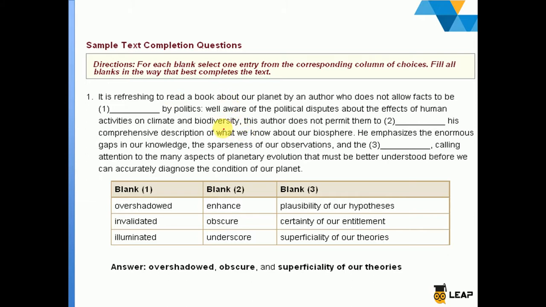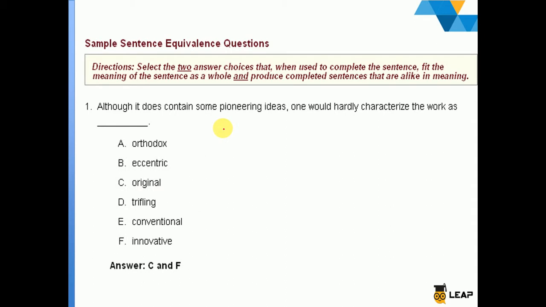Alright? But in a sentence equivalence, typically, you will be given only 1 sentence. Now whether that sentence spans 1 line or 2 lines or more is really up to the text and the difficulty level. Alright? And typically for these questions you will always have just 1 blank, wherein 2 answers will fit in. So in the case of sentence equivalence, you will have 2 correct answers.